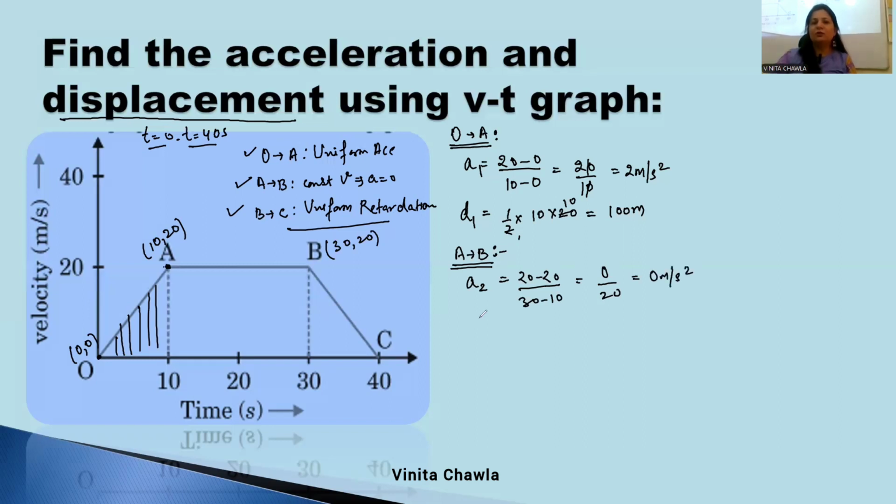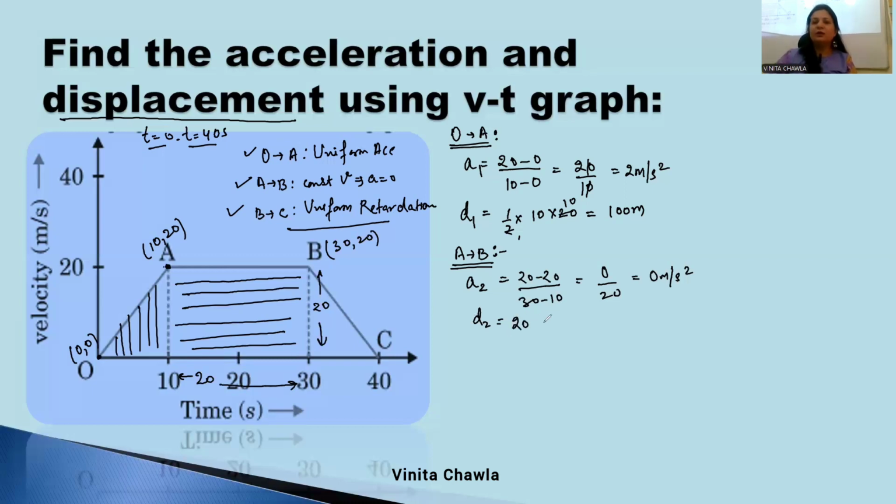And we can also find displacement. Displacement is the area under this portion, and this is a rectangle. So area of rectangle is length into breadth. What is the length? It's 30 minus 10, 20. And the breadth is 20. Length and breadth are both equal to 20, so we can write 20 cross 20.